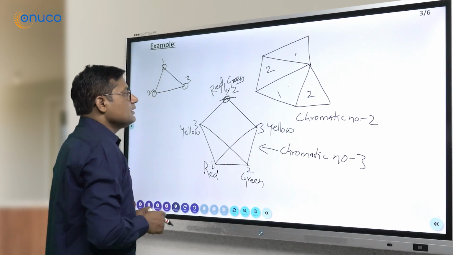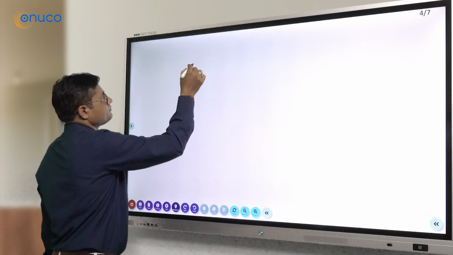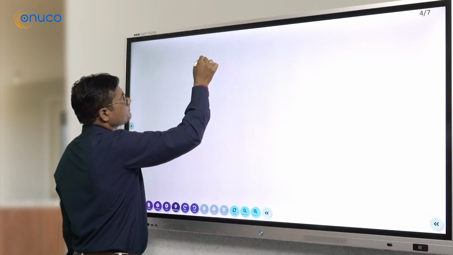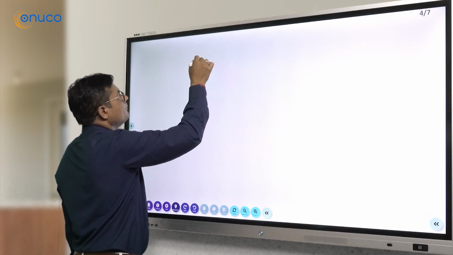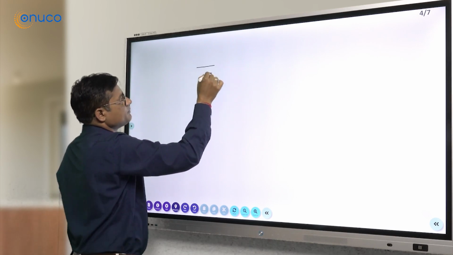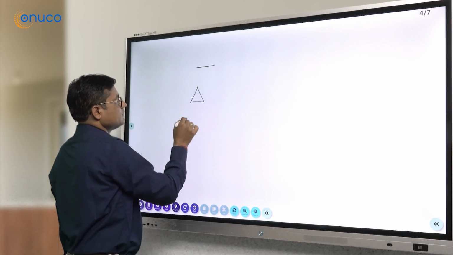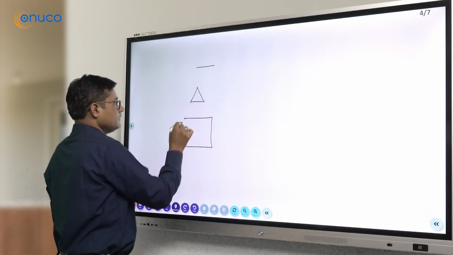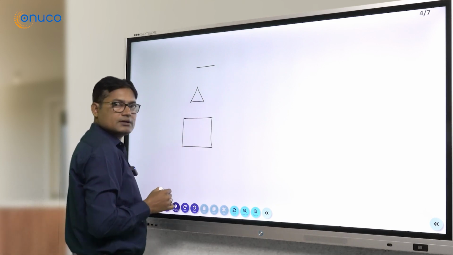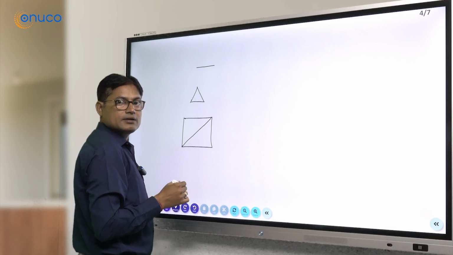Now remember one more thing, if it is a planar graph. A straight line is planar, a triangle is planar, and a square is a planar graph. If we connect a diagonal, it remains a planar graph.